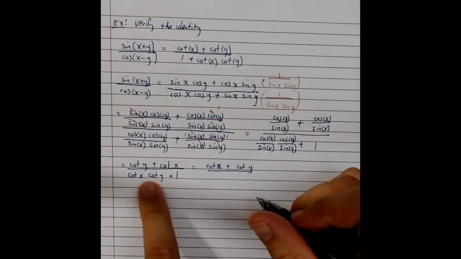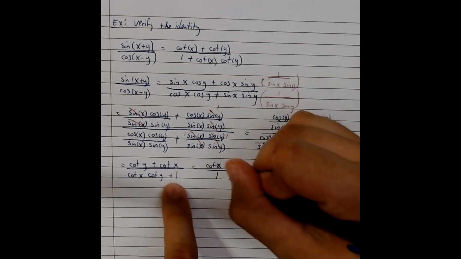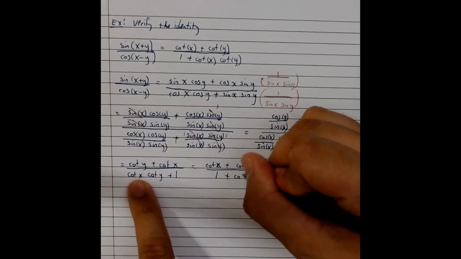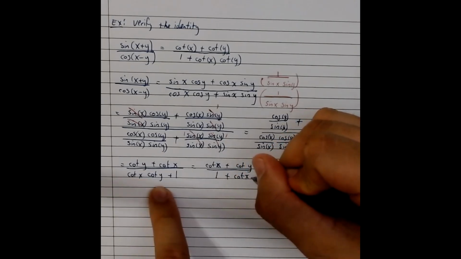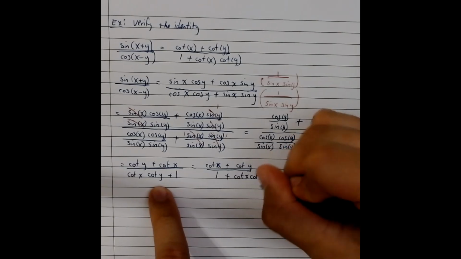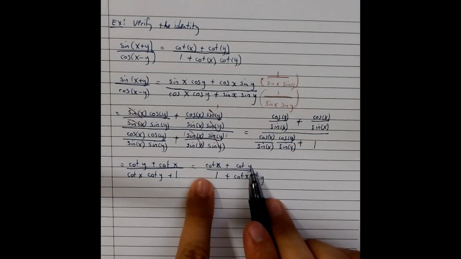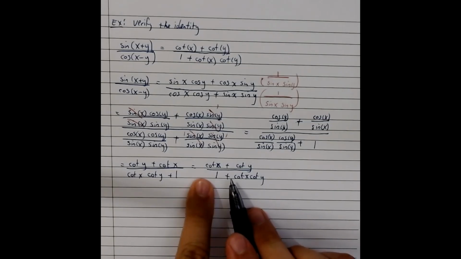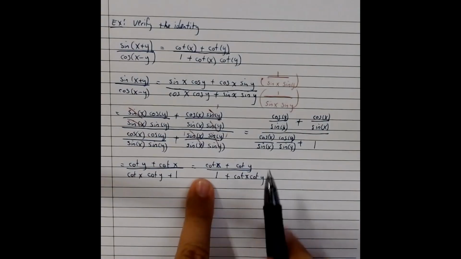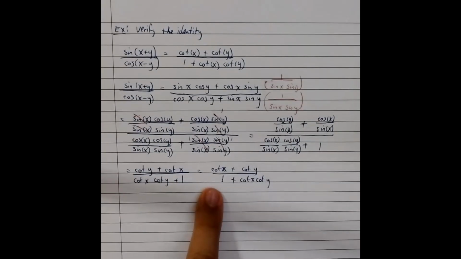And same thing over here. Addition is commutative, so I can change the order of addition however I like. So I get cotangent of x plus cotangent of y over 1 plus cotangent of x times cotangent of y, which is what I was trying to confirm.